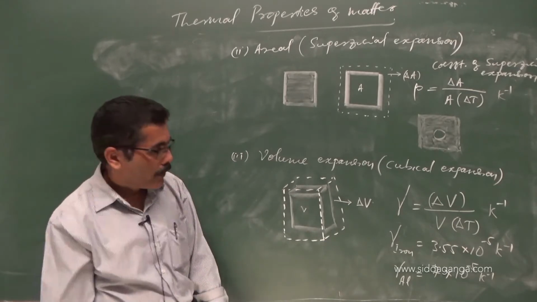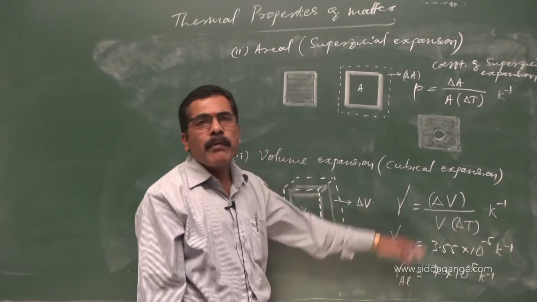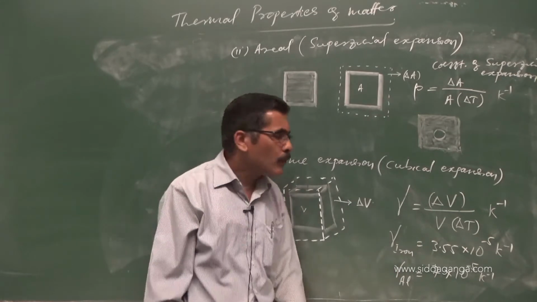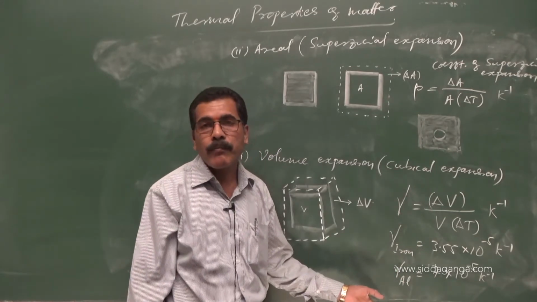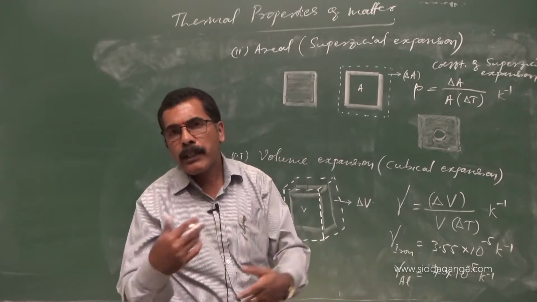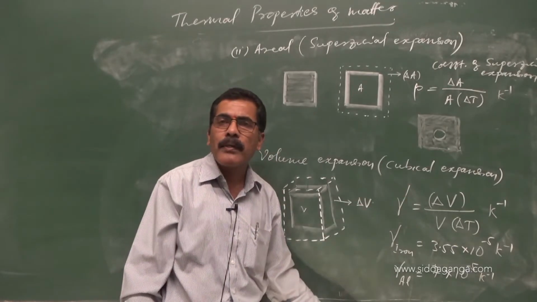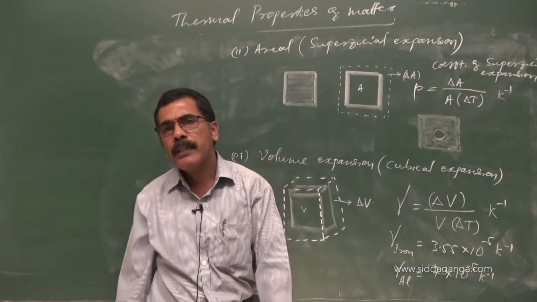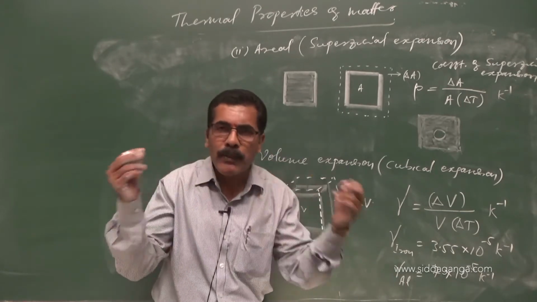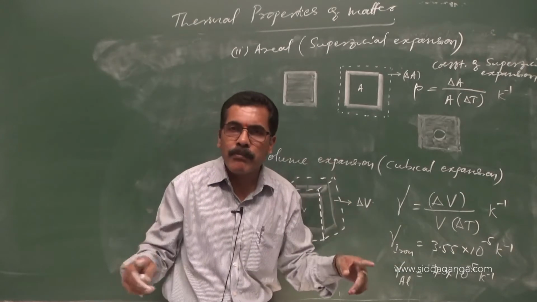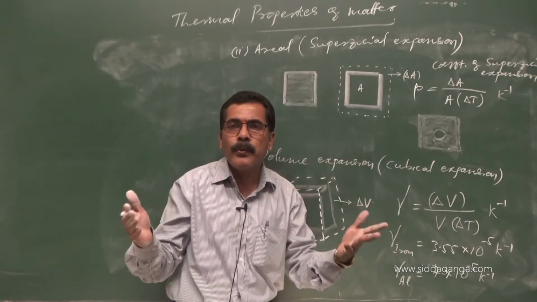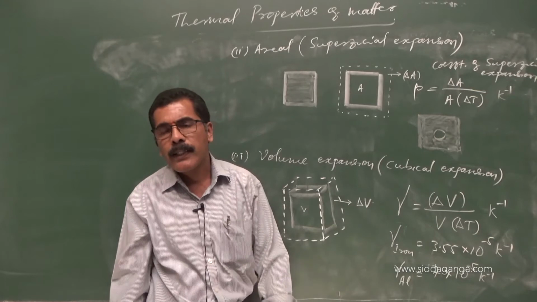Right? So, we can experimentally determine the values of alpha, beta and gamma. There are unique experimental techniques by which you can determine alpha, beta, gamma of any given material, whether you have taken it in the form of a rod, a plate, or a cube, whatever it may be.